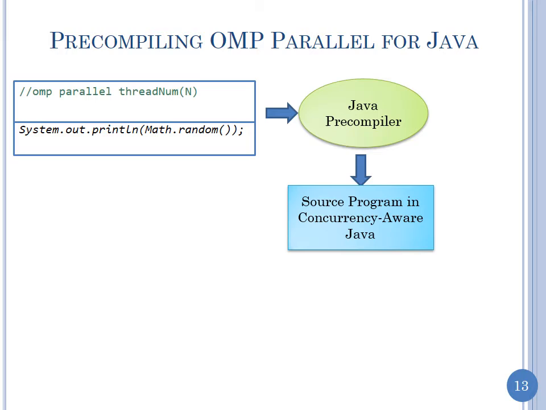So the next question is, put yourself in his shoes and say, okay, we've decided to use a precompiler approach. What will this directive get translated into? This is a good test of how much you know about threads.